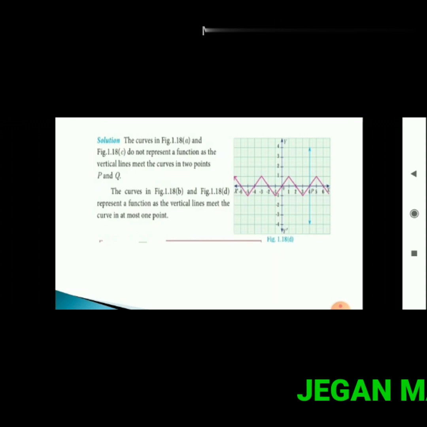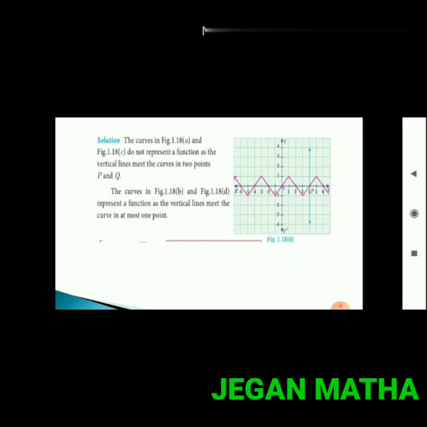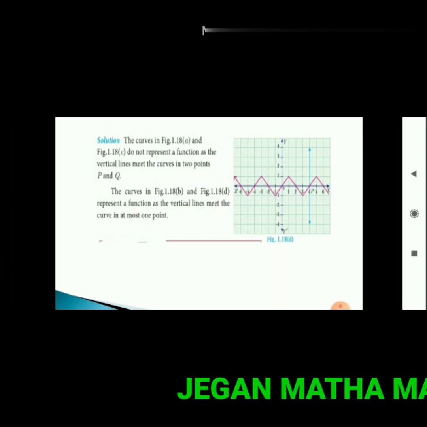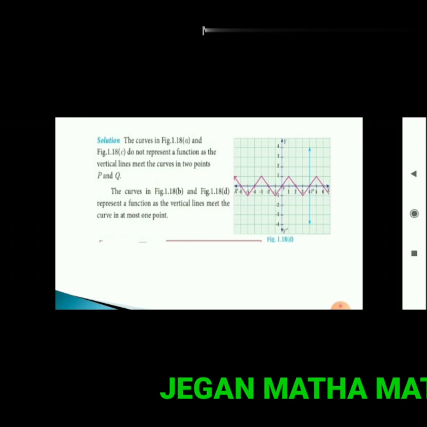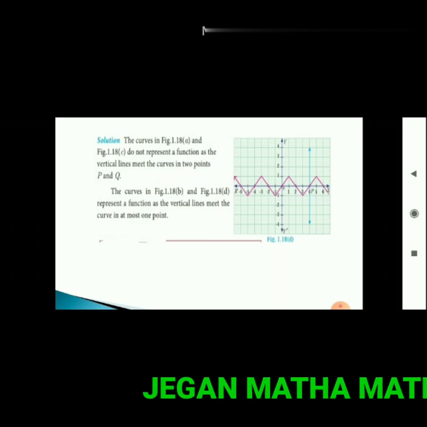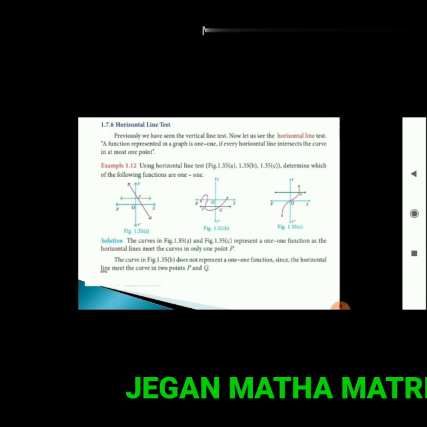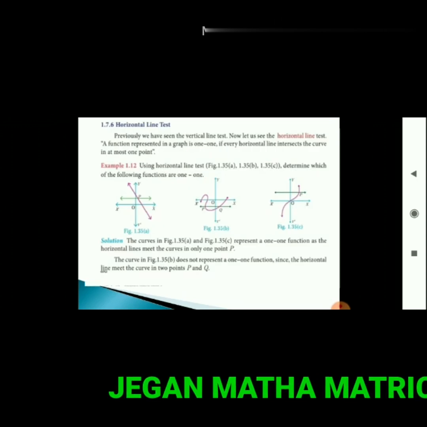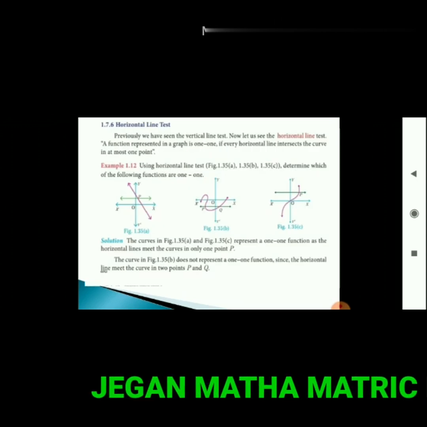The line meets the curve at one point, that is P. So the first picture and third picture do not represent a function because the vertical lines meet the curve in 2 points, P and Q. The second and fourth pictures represent a function as the vertical lines meet the curve in at most 1 point.